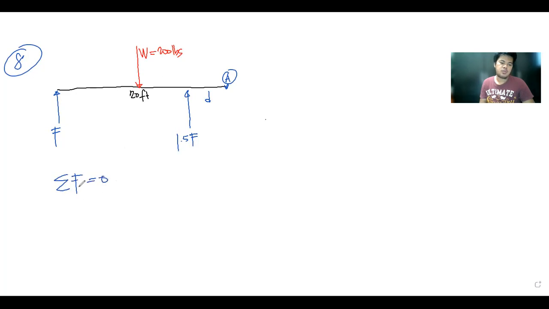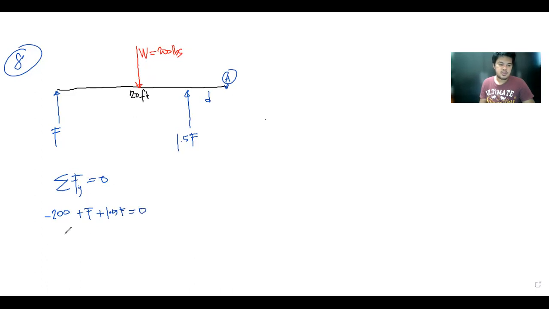Since we only have y components of the force, because all of them are oriented vertically, we then say that negative 200 plus F plus 1.5 F is equal to 0.